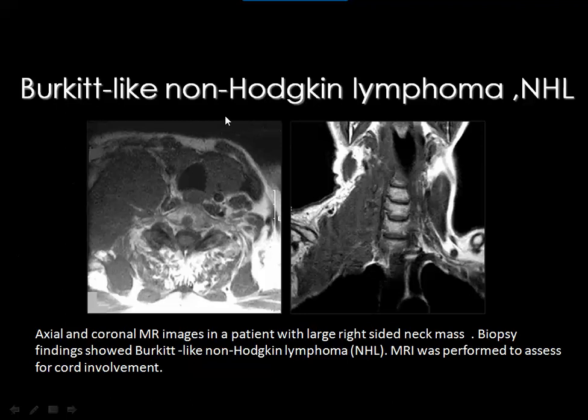And this is also non-Hodgkin Burkitt-like lymphoma proved by histopathology. You see a big mass on the right side of the neck. It displaced the thyroid gland anteriorly and is extending into the right side of the neck.